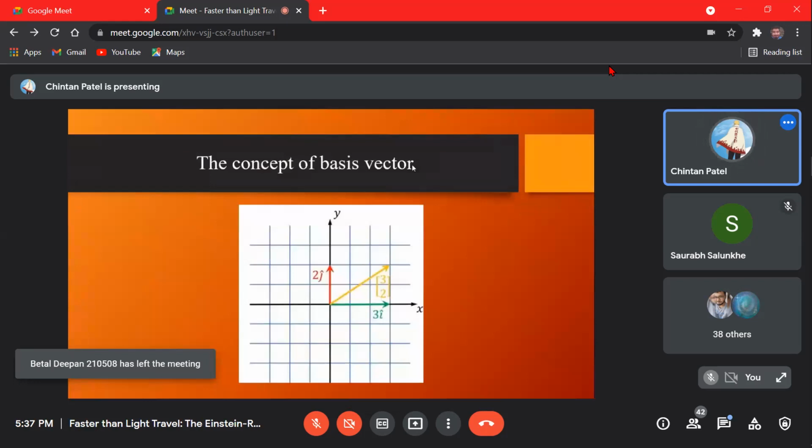One of the big general ideas we need right now, because we will be talking a lot in terms of basis vectors. You might have written vectors like 3i, 5j, 6k, whatever. That ijk is the basis vector. From this diagram, I don't think I need to explain what a basis vector is.